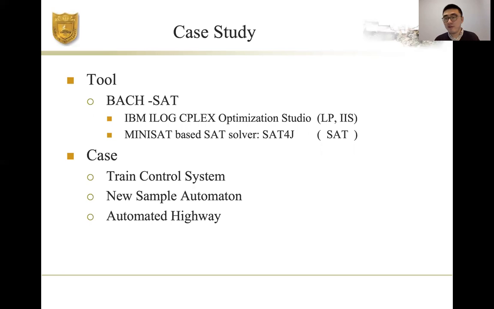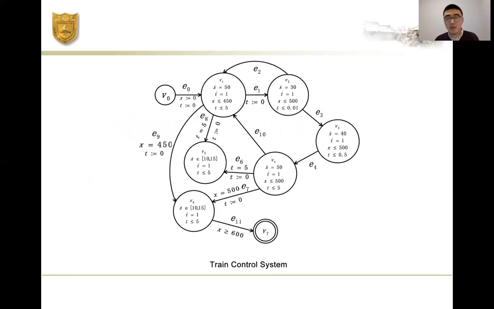We can find many methods with polynomial complexity, and we're using MiniSat to do the SAT solving. And here we have cases like train control systems, the simple automata, and the highway systems. The train control system is not very complex, but of course, we have loops inside. Otherwise, it would be too simple.